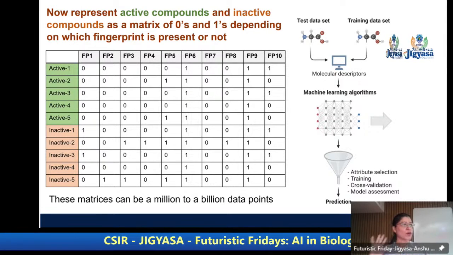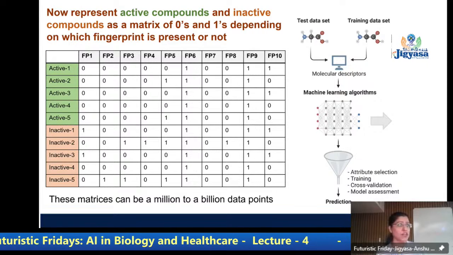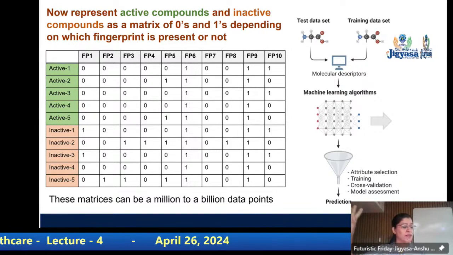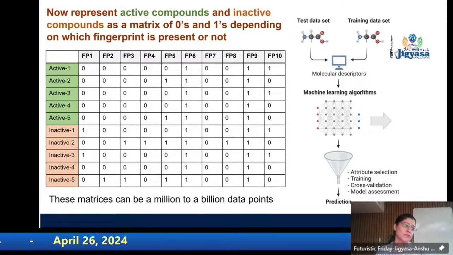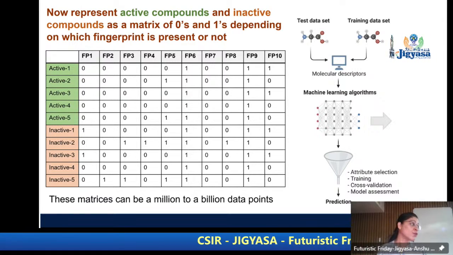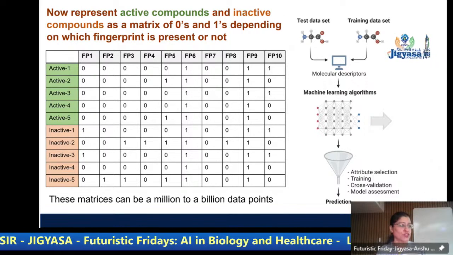Now, imagine you have a model. The model says, I'm very good at looking at what you have given me. Now you give me any compound, I'll tell you whether it is active or inactive. Why would you believe that model? It is like you taking a class, like today, and saying, I have learned machine learning. How will I know you have learned? So how does school test you for your knowledge?